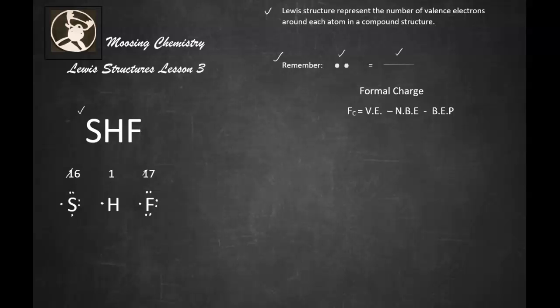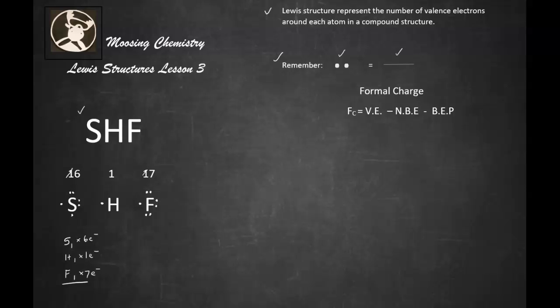All right, so let's figure out how many valence electrons we have for this particular compound. So we have 1s, so S is 1 times 6 electrons. H is 1 times 1 electron. And F is 1 times 7 electrons.